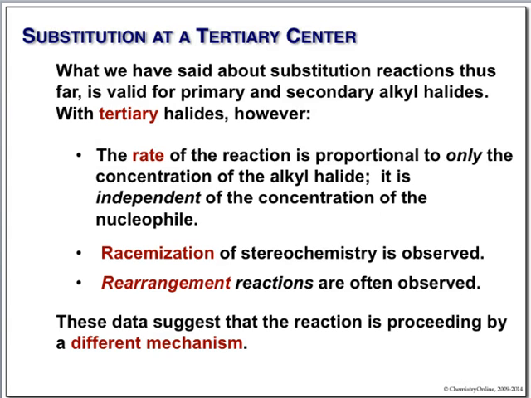Here the rate of the reaction is unimolecular. Concentration of the nucleophile doesn't have any effect on the rate. So the only thing in the transition state is going to be the alkyl halide. This is a first order reaction.